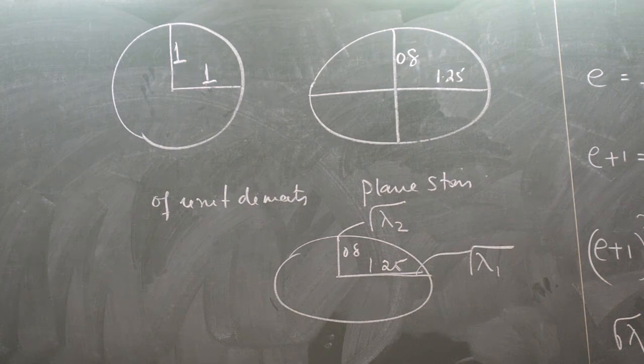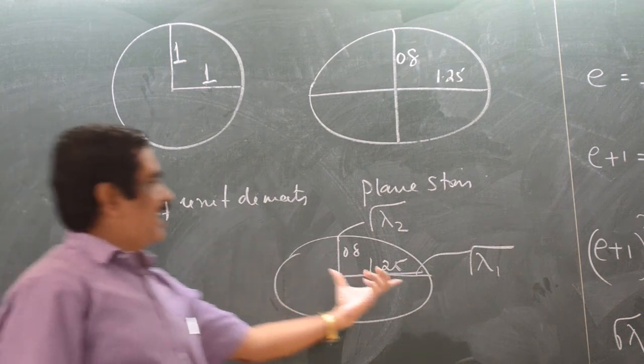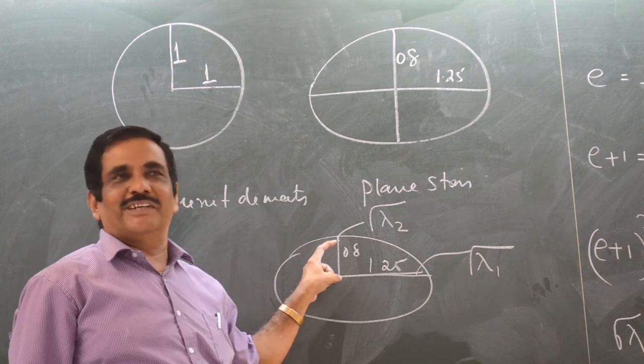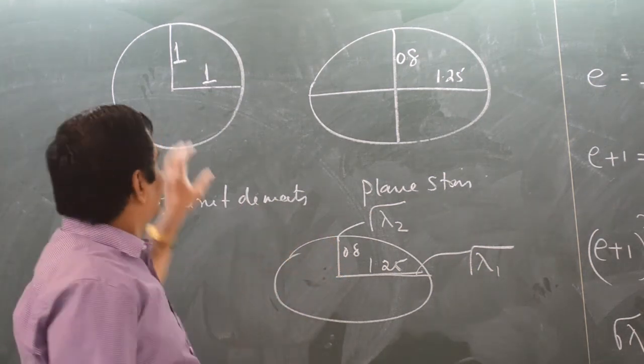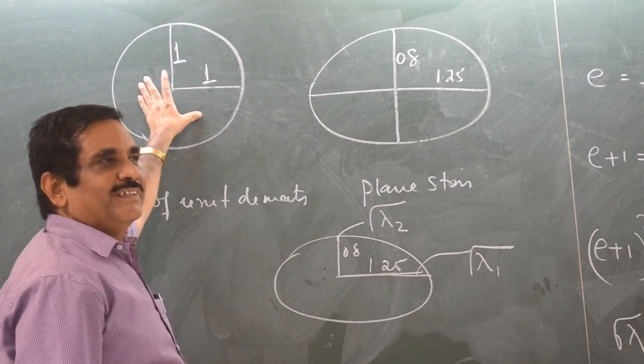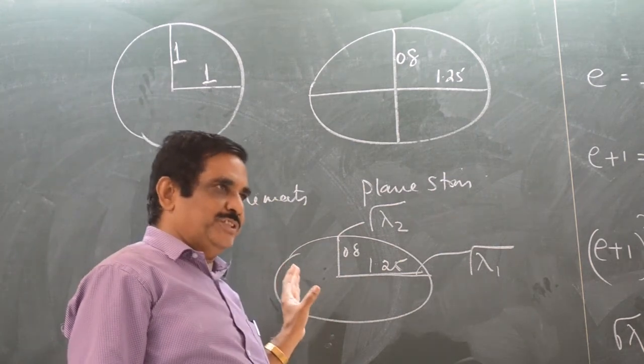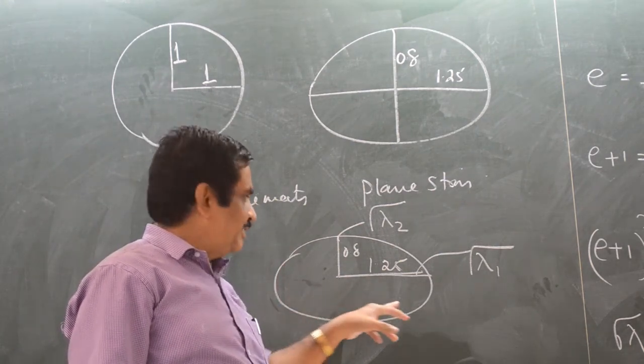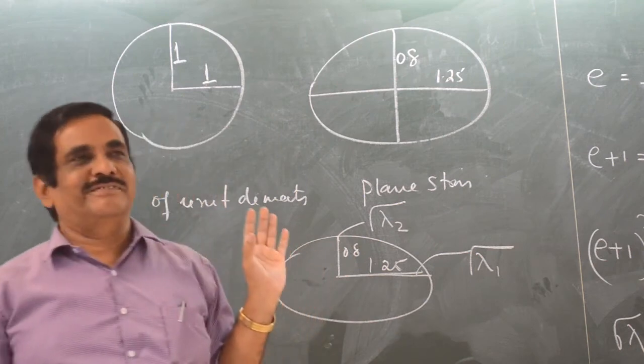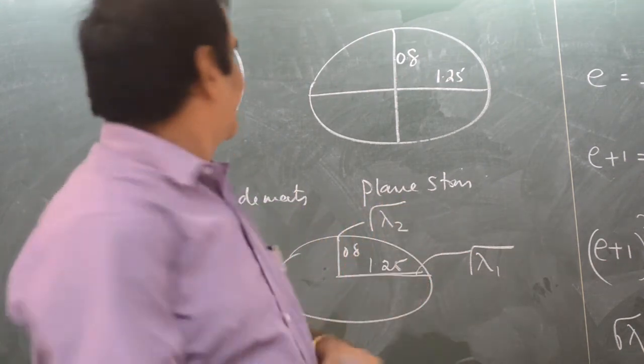Okay. So this dimension is root lambda 1, this dimension is root lambda 2. So if a unit circle is deformed, then the ellipse that is going to be produced has dimensions of root lambda 1 and root lambda 2. Okay? So this I am writing.